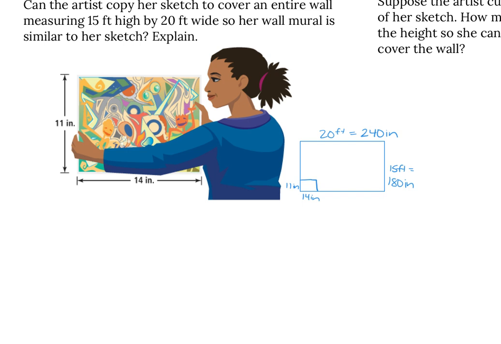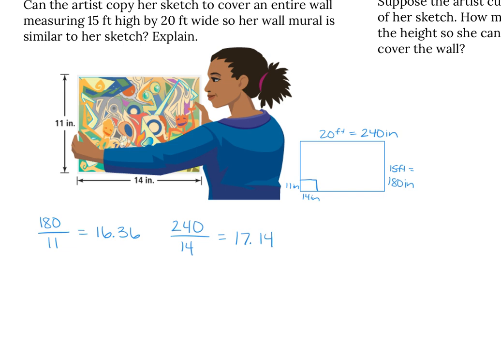So we're going to have our heights, 180 for the wall height, divided by the 11 inches that is the height of the picture. That's going to give me approximately 16.36. I'll do the same thing for the width, so 240 for the wall width divided by the 14 for the painting width. That's going to give me approximately 17.14.